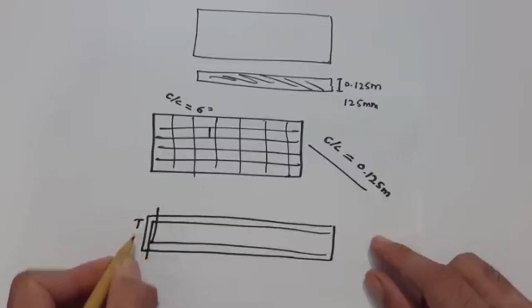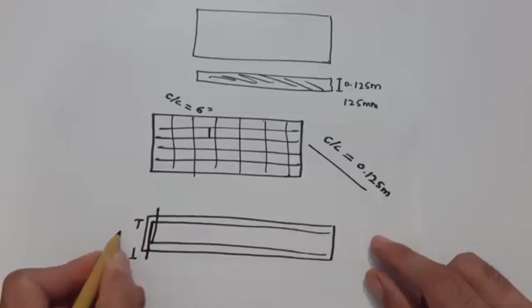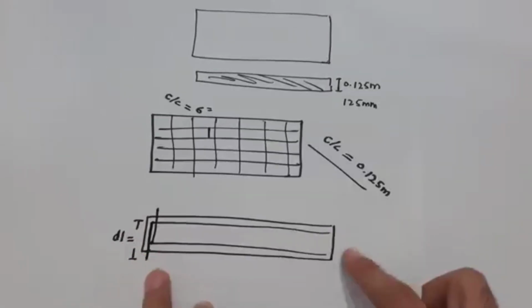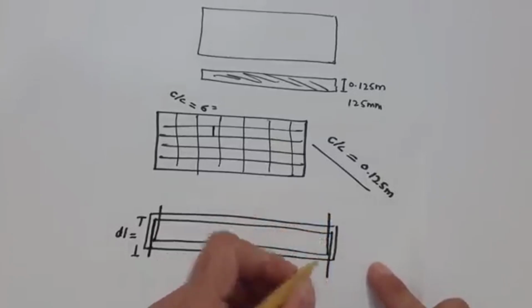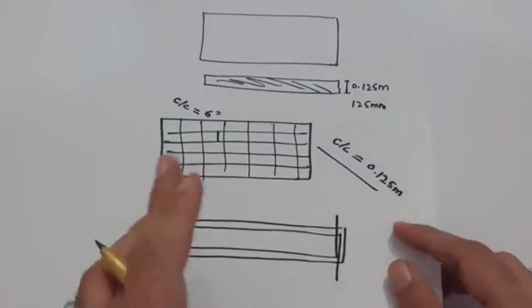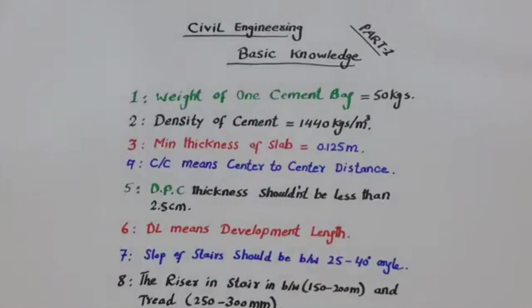So, guys, this length, from here to here, is called DL, means development length. This development length makes a good bond between steel and concrete. So at the end we are providing these.